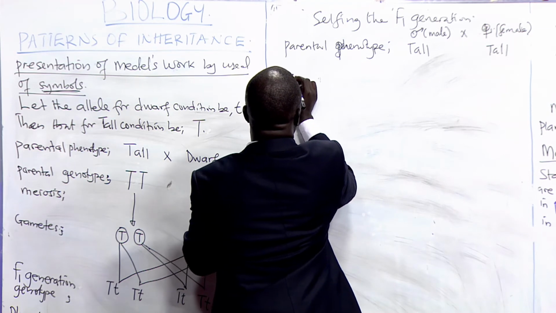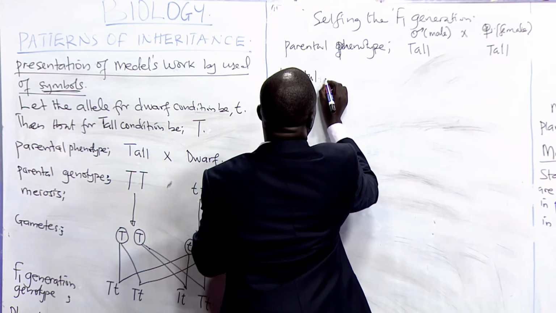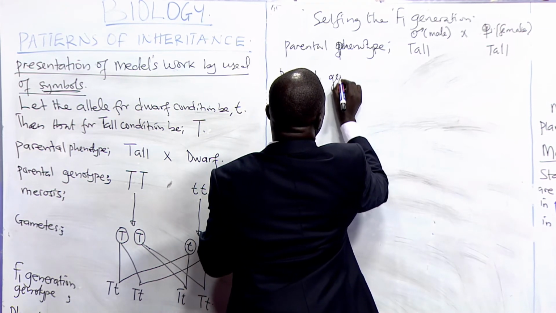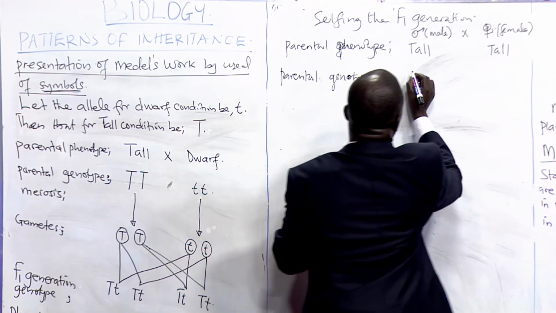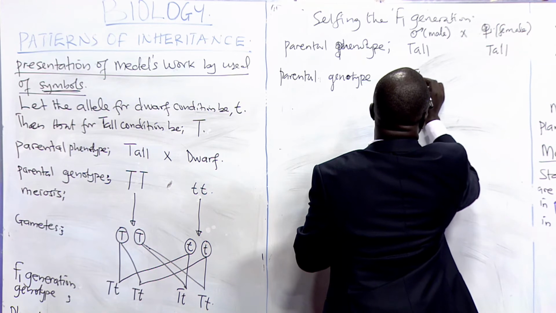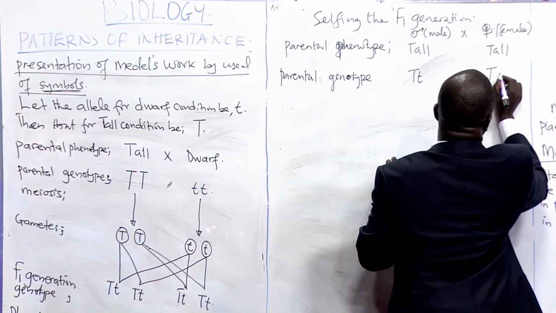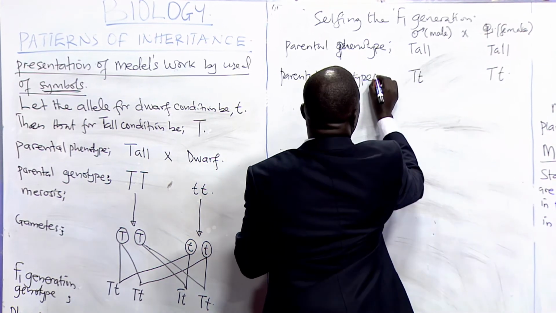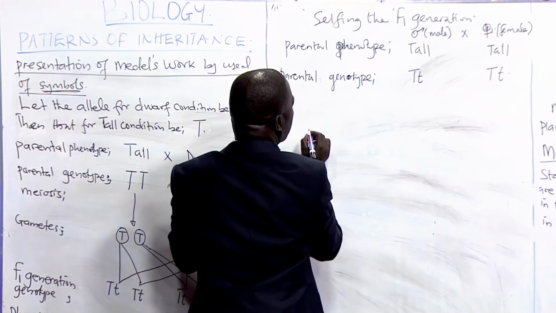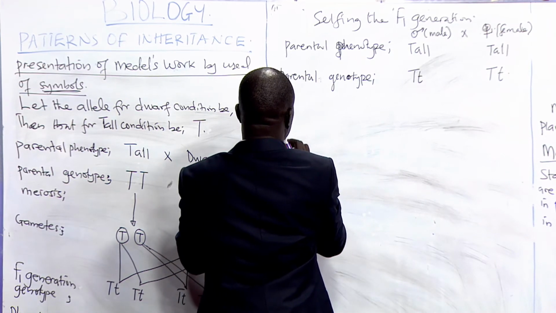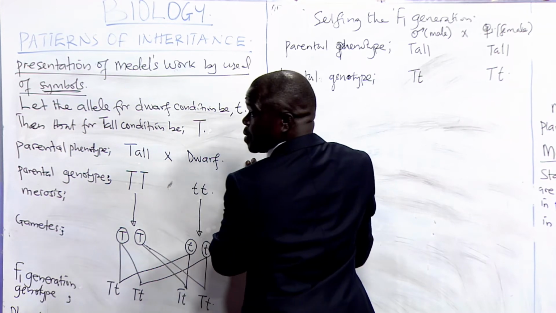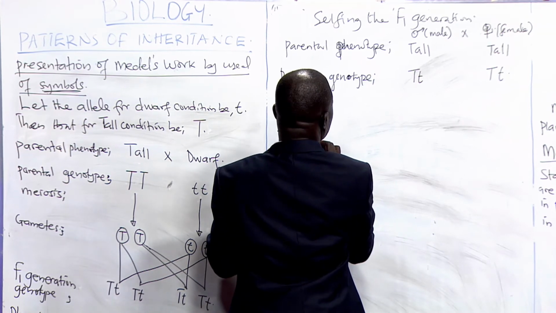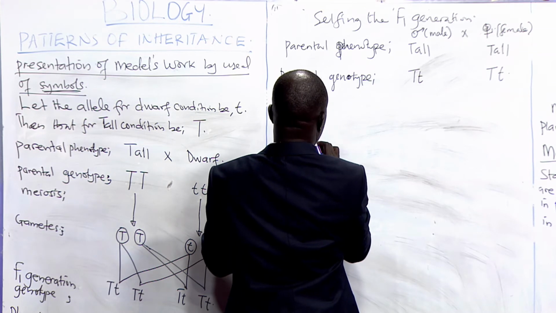Parental genotype. We have here capital T, small t, and capital T, small t. Then we have the parental gametes now.